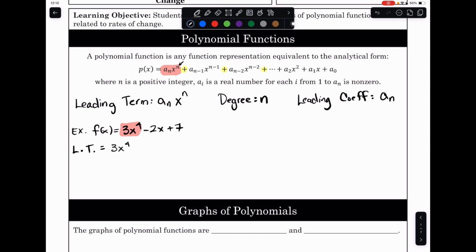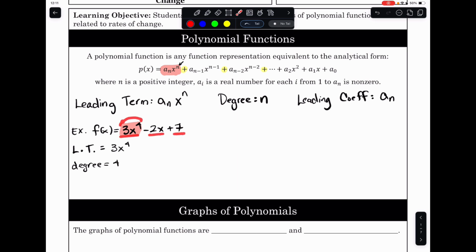Now, the reason that this is the leading term, not only because it's in the front, is because the degree of the entire polynomial is 4. That exponent of 4 is the largest exponent among all the 3 terms. Here I have a total of 3 terms, all underlined in red.